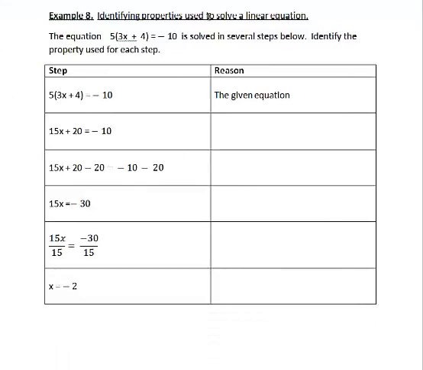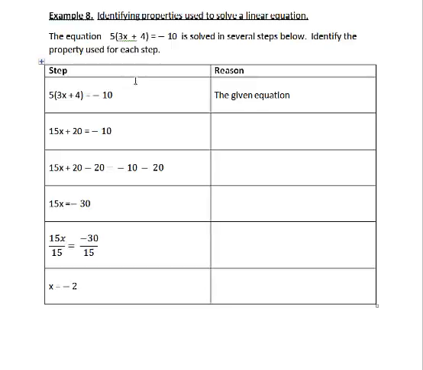Example 8, identifying properties used to solve a linear equation. The equation 5 times 3x plus 4 equals negative 10 is solved in several steps below. So we have to recall the properties from, let me see, I think it was chapter 11.